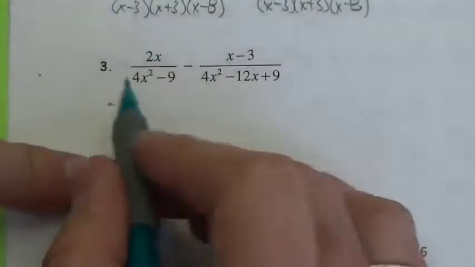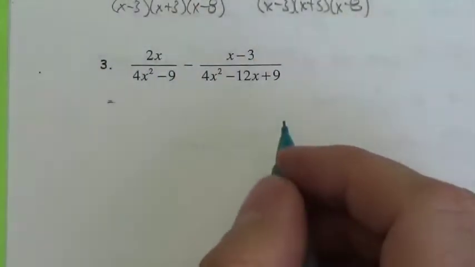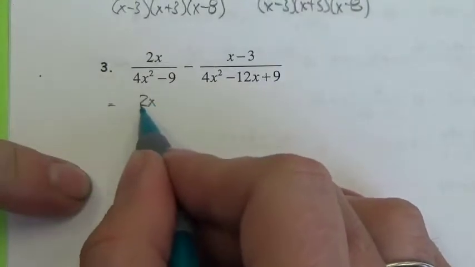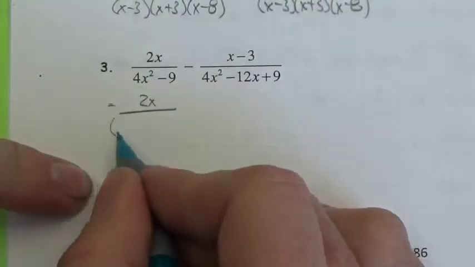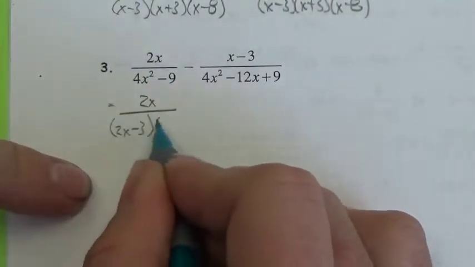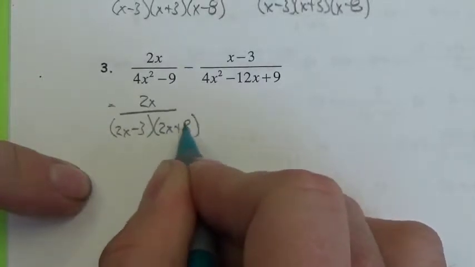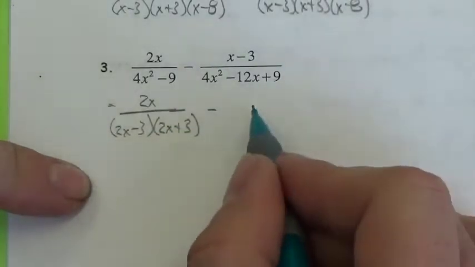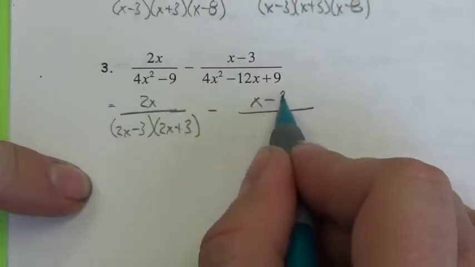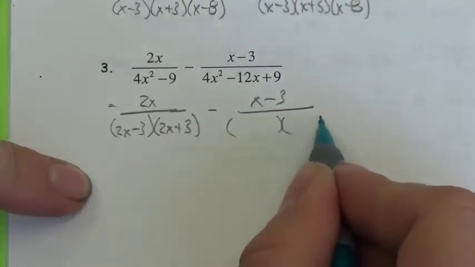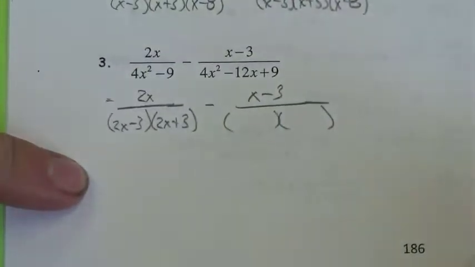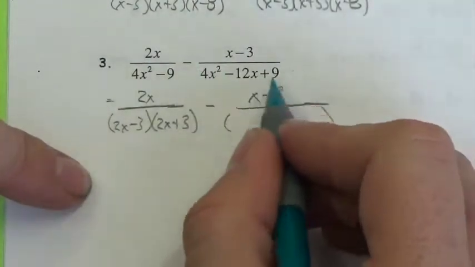Okay. Now here, again, my first step is going to be to factor. So I'm going to get 2x over 2x minus 3, 2x plus 3, because that is a difference of squares. Minus x minus 3 over, okay, now I've got this trinomial there. I see a 4x squared and a 9.